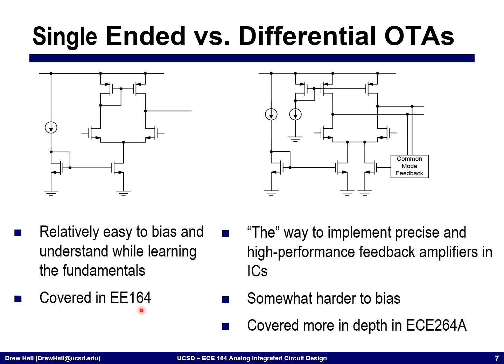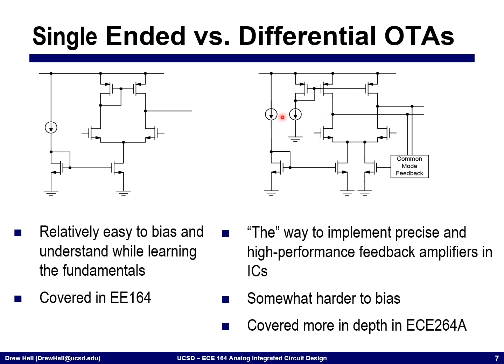Fully differential amplifiers, as I've said a couple of times now, are really the way that amplifiers are implemented in integrated circuits. You will very rarely find amplifiers that are single-ended, because of the many downsides that they have. You will almost always find amplifiers implemented as fully differential. They are a little bit more difficult to bias, in the sense that they have multiple stages to bias, like the current mirrors.